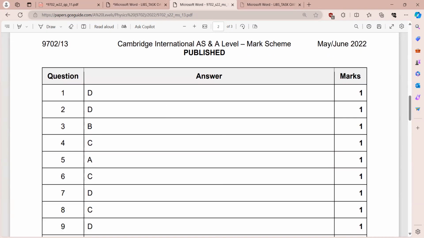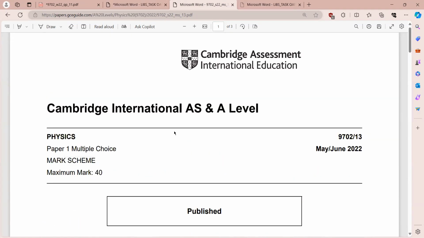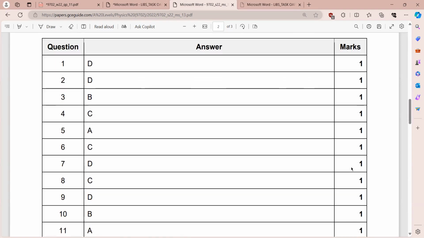Okay, this is the marking scheme for the same May-June 2022 Physics 9702, variant 13.